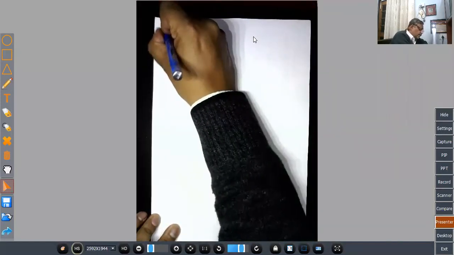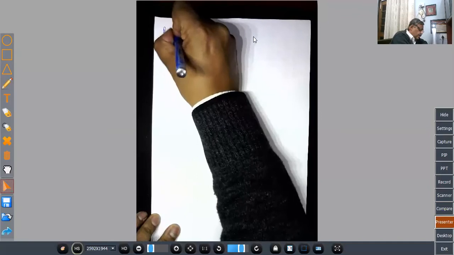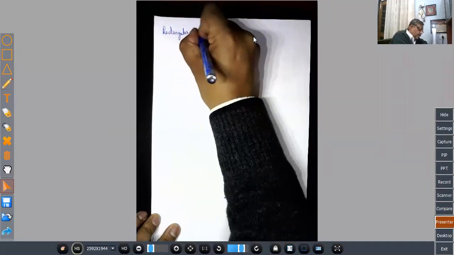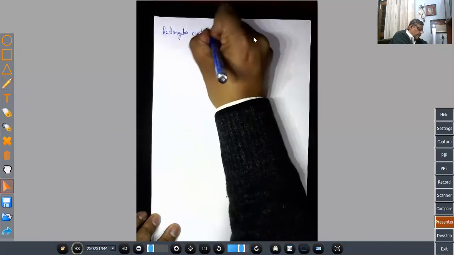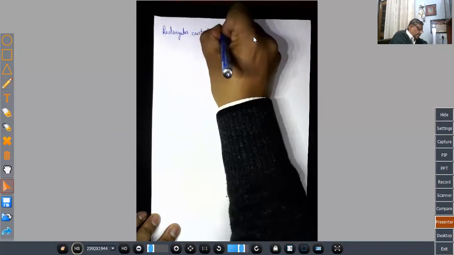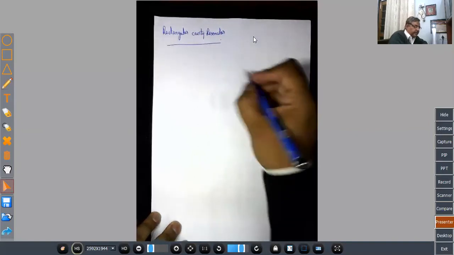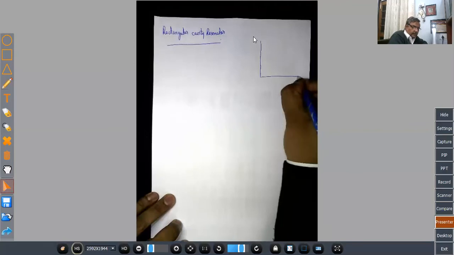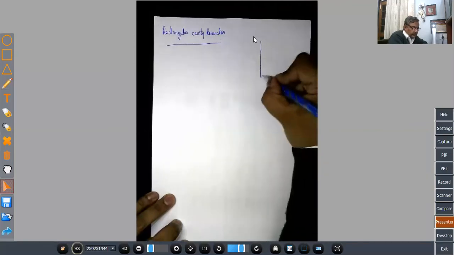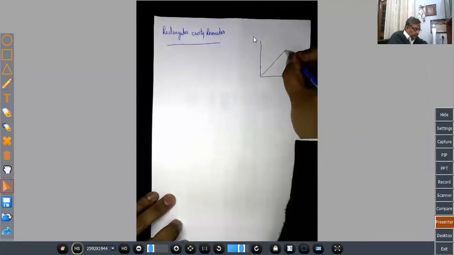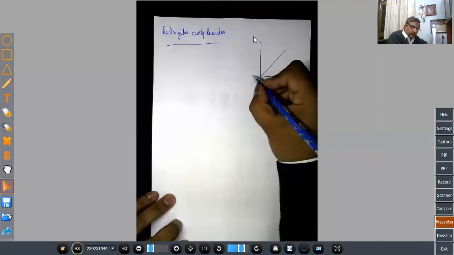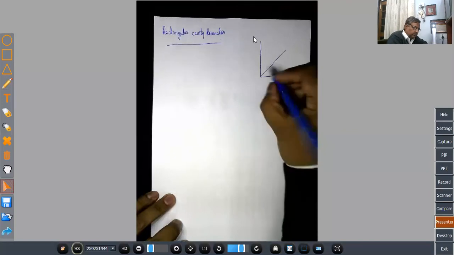Now we start with the rectangular cavity resonator.